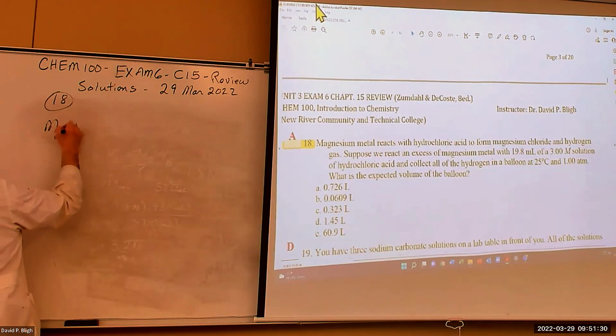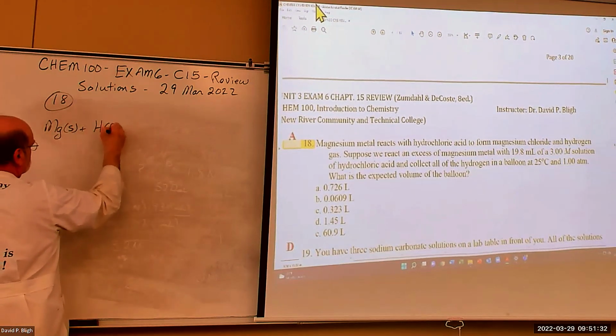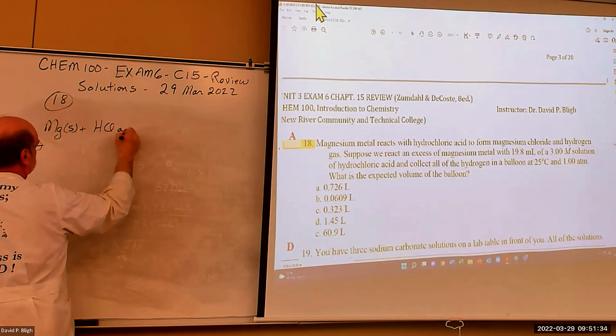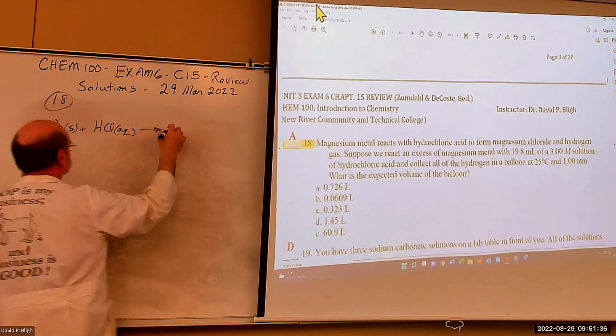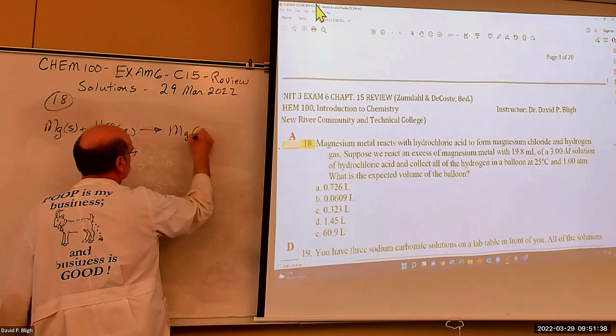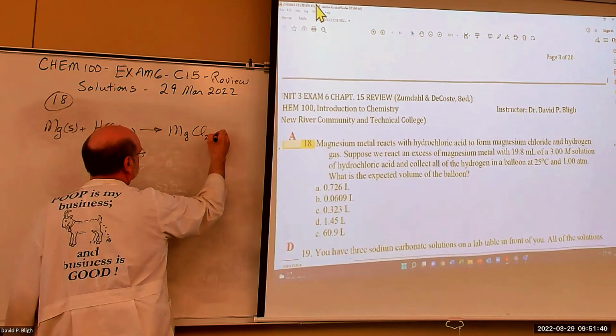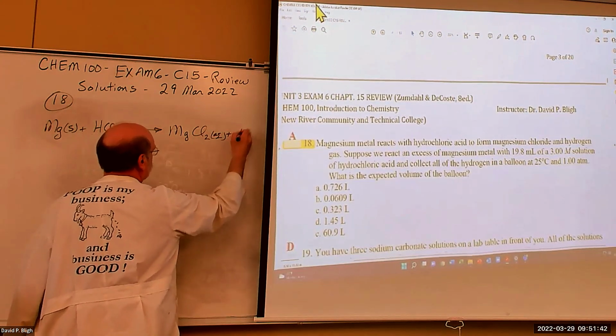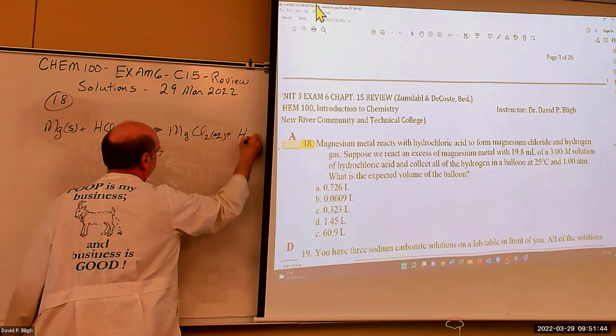Magnesium metal plus hydrochloric acid reacts to produce magnesium chloride, which is soluble, plus hydrogen gas. There we go.